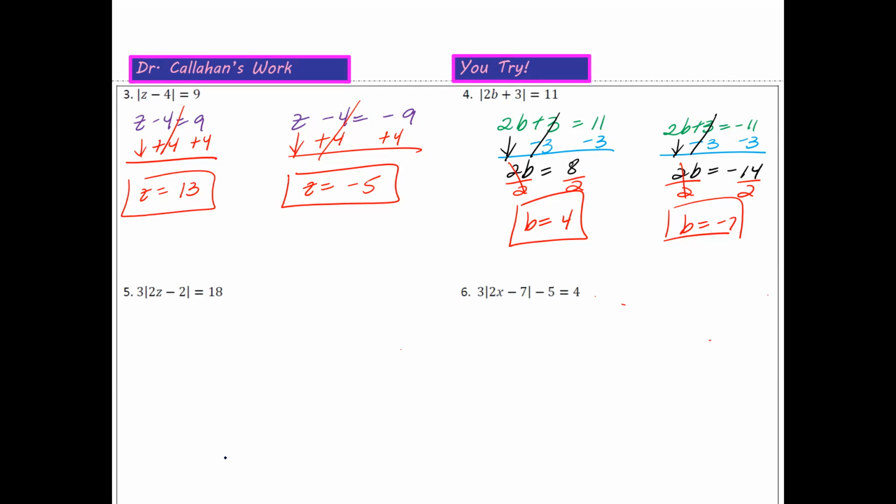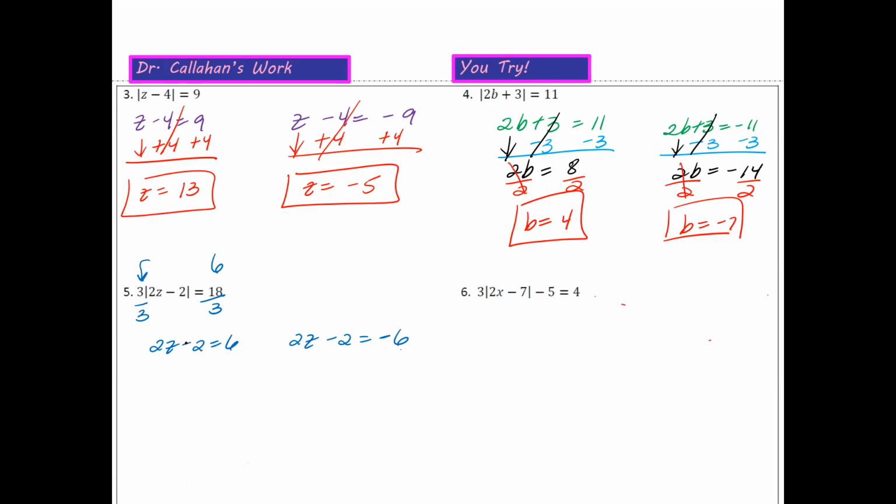All right, let's take a look at number 5. But number 5, notice I have a 3 right here. We need to get rid of that 3 first before we do anything else. So 2z minus 3 or minus 2. And you know 18 divided by 3 is going to give you a 6. It's going to equal to 6. That's my first equation. 2z minus 2 equals negative 6.